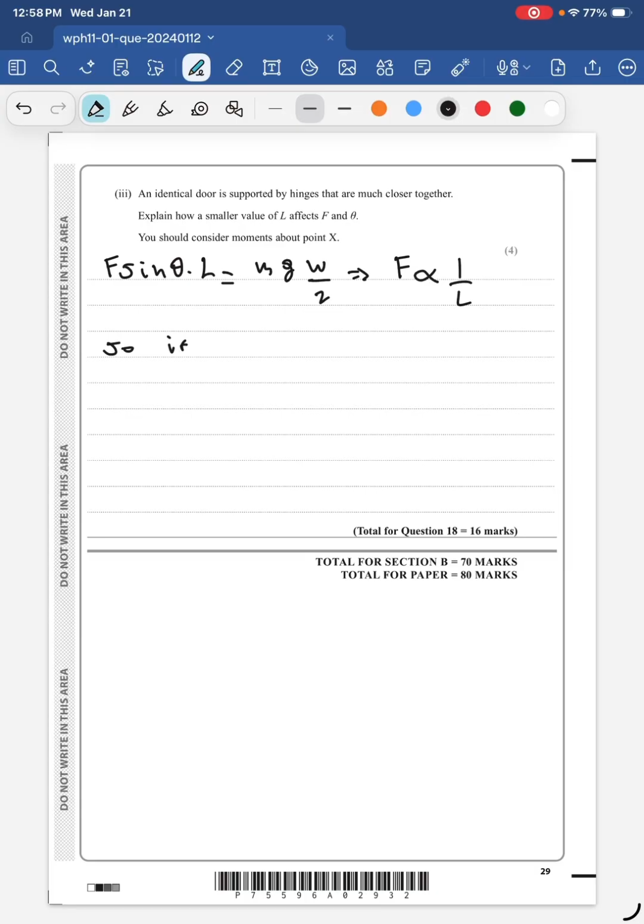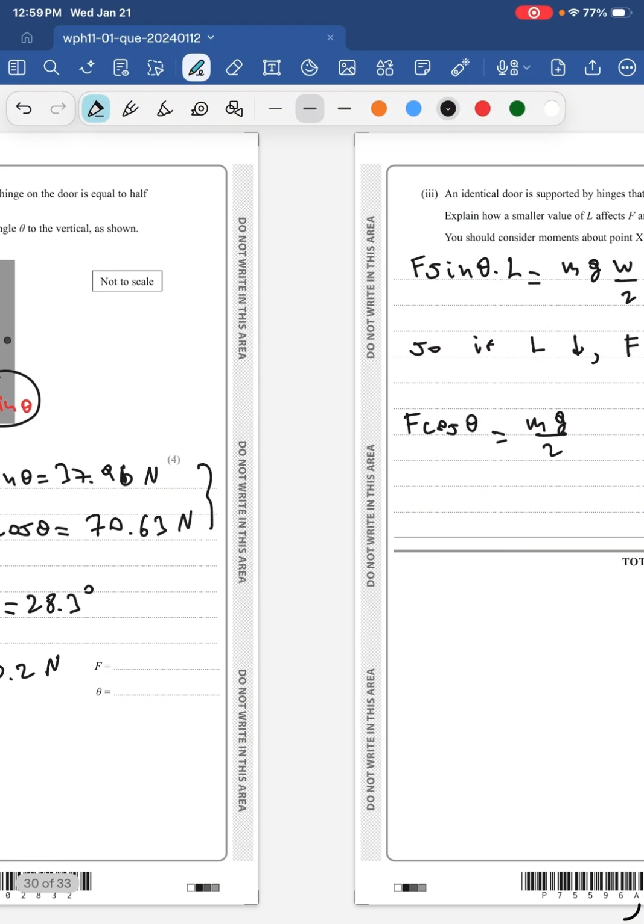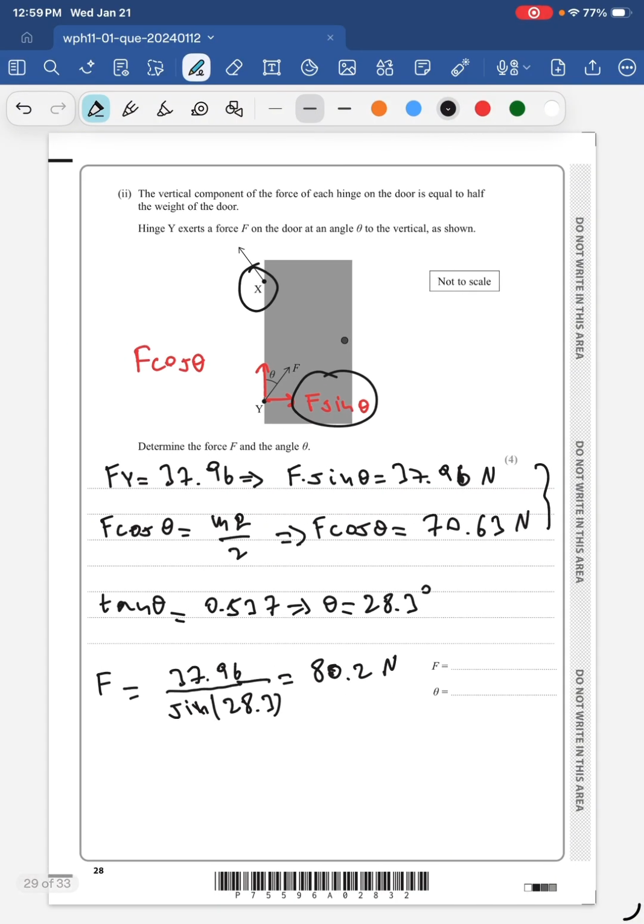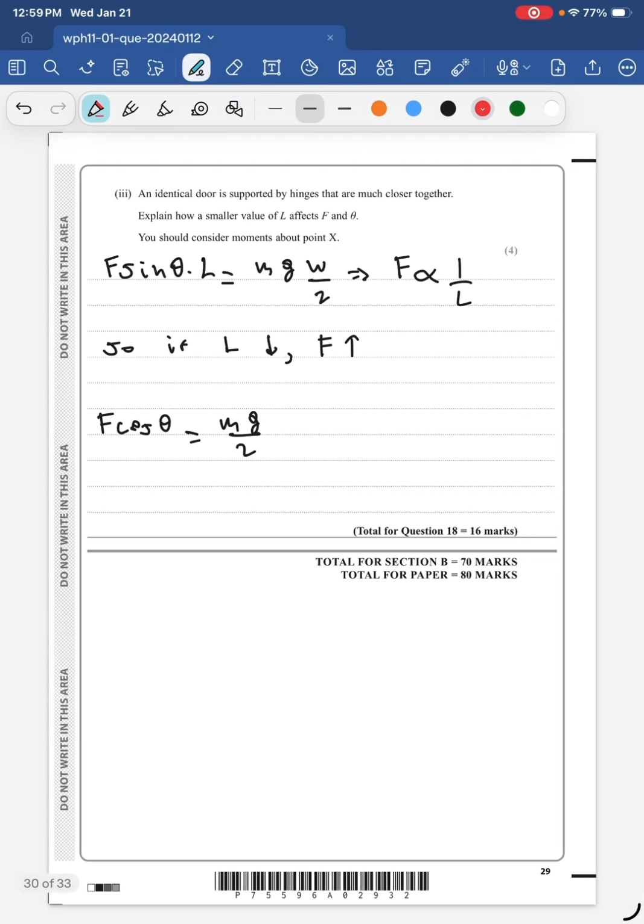So if L decreases, F should increase, okay? And then we can also use that F cosine theta, the vertical component of the force, is mg over 2, which is what we wrote earlier here. So this is the second equation. In other words, the vertical component of F must equal half the weight, right?